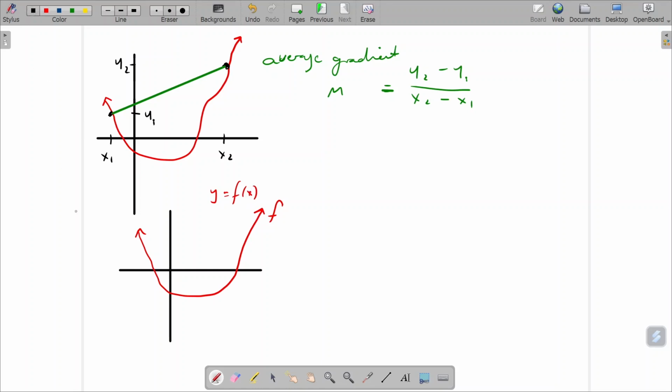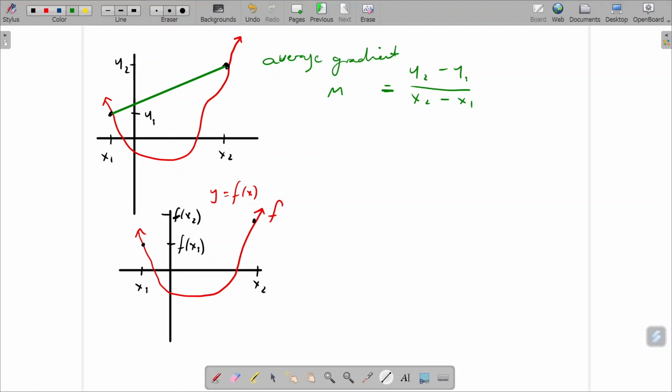The one key useful idea here is that if this is x1, then this now is f of x1. And if this here is x2, then this here would be f of x2. My gradient is the same line as it was just now.